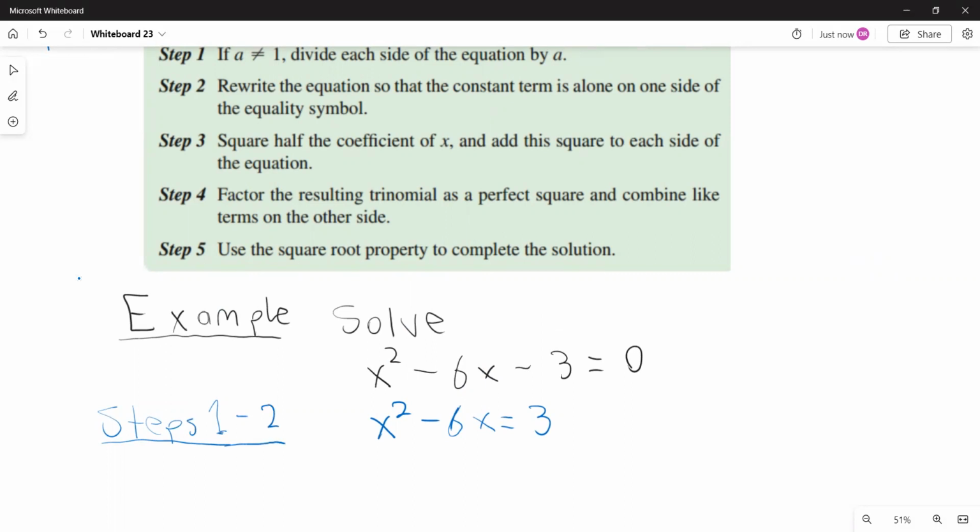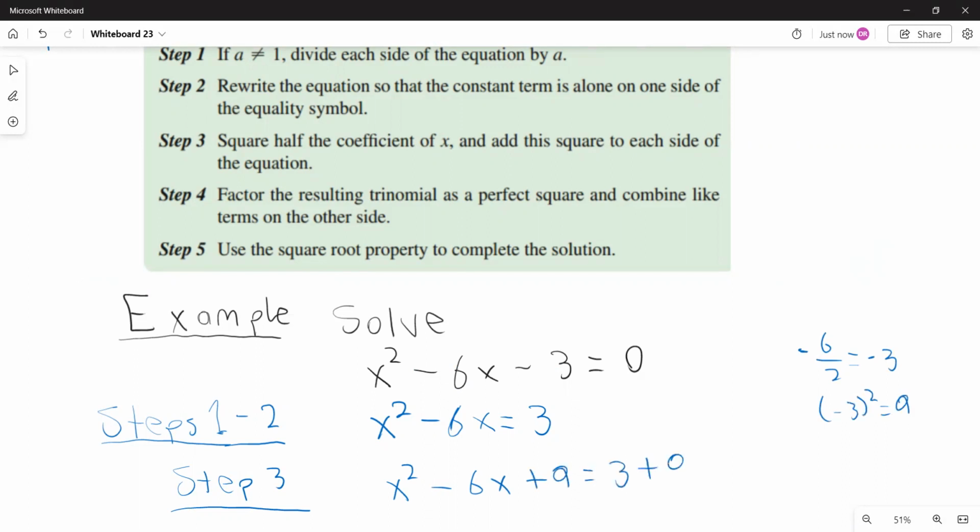Step 3, square half the coefficient of x and add the square to each side of the equation. So the coefficient of x is negative 6. We know that negative 6 over 2 is negative 3, and negative 3 squared is 9. So we are going to add 9 to both sides of the equation.